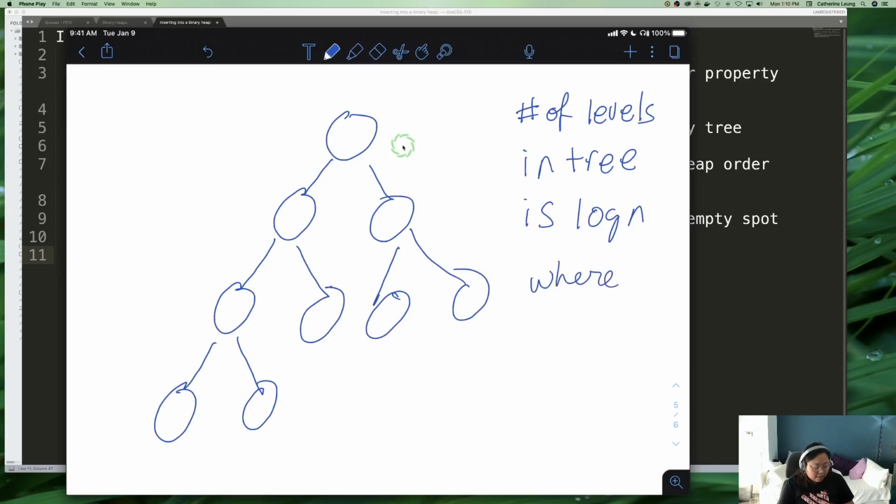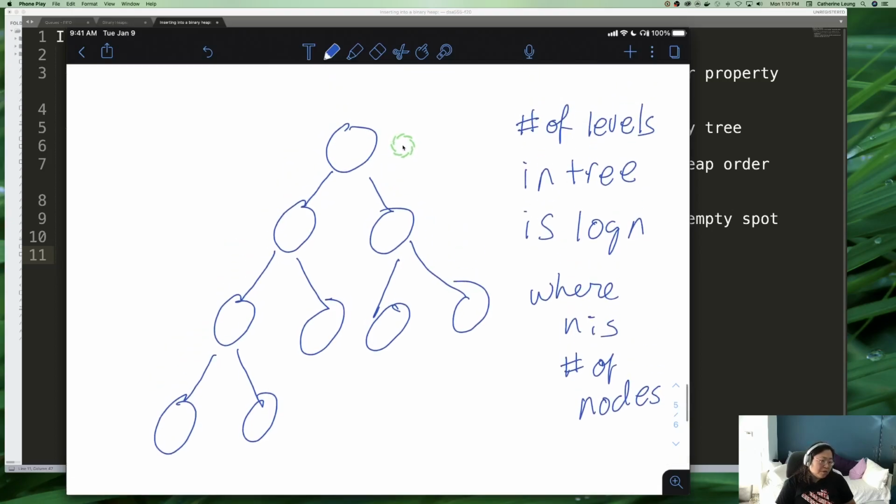This is really important. It's the exponent you have to raise 2 to in order to get n, right? So the number of levels in this tree is log n.